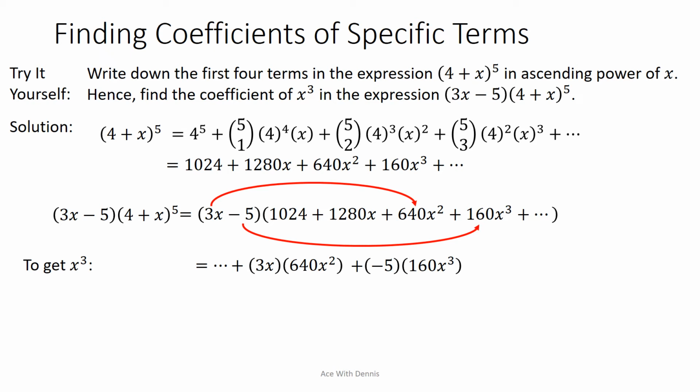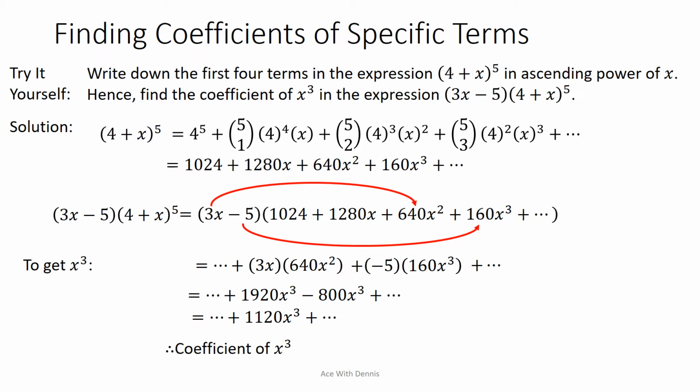Only these two combinations will give us x cubed. So we multiply the numbers: 3 times 640 becomes 1920, and negative 5 times 160 becomes negative 800. We get 1120x³. So the coefficient of x cubed will be 1120. Do you get the answer correctly?